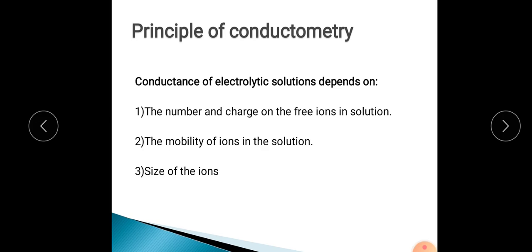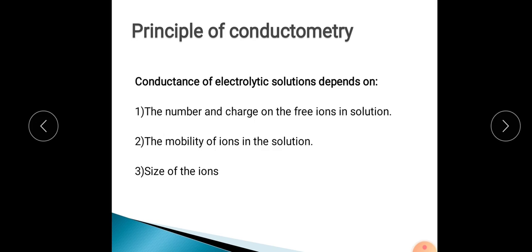Now this electric conductance of the electrolytic solution is affected by 4-5 factors, out of which these 3 main factors are used in conductometry. The 3 factors are: first, the number and charge on the free ions in solution.